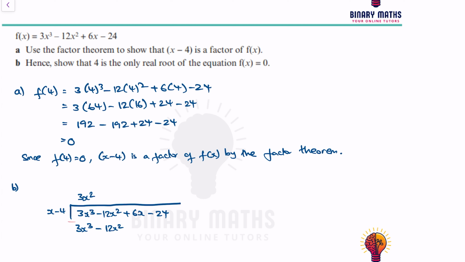So we're subtracting it. So the first term disappears, but also the second term disappears. So I just get 6x minus 24. X times what gives me 6x? It must be a positive 6. 6 times x is 6x. 6 times minus 4 is minus 24. When I subtract it, I'm left with 0.